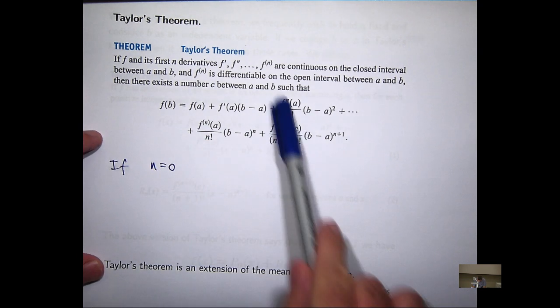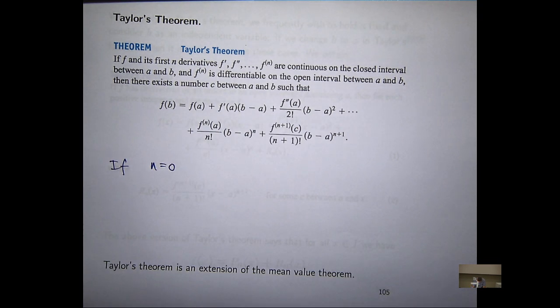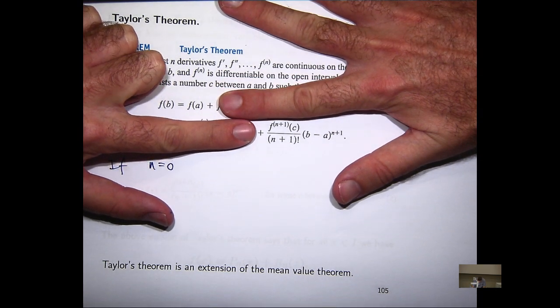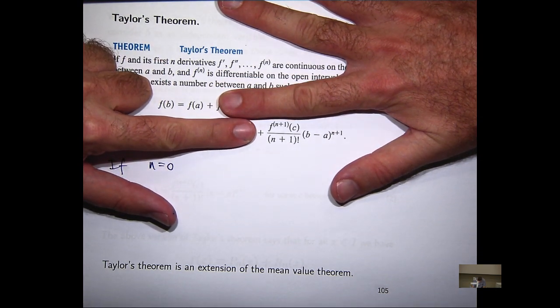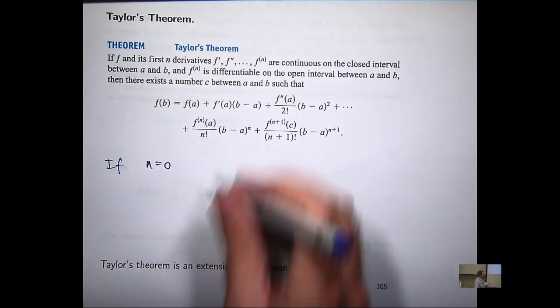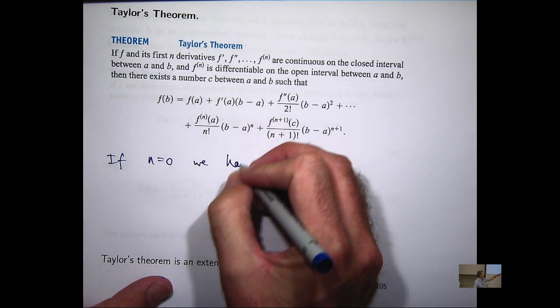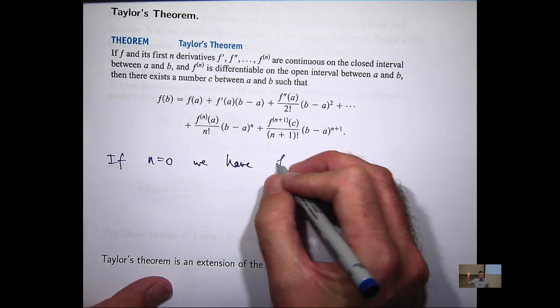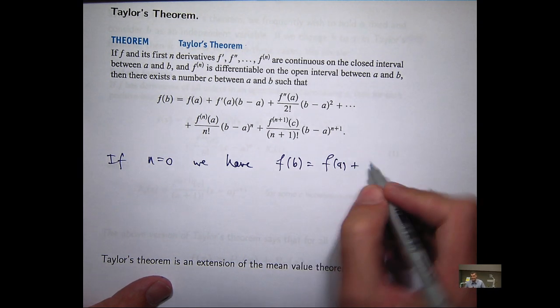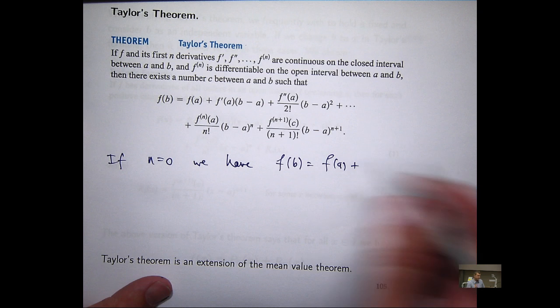If n equals 0 up here, so basically I cover that and I cover all those, and n equals 0, I actually get the formula involved with the mean value theorem. So this will be f of b equals f of a plus this for some c between b and a.